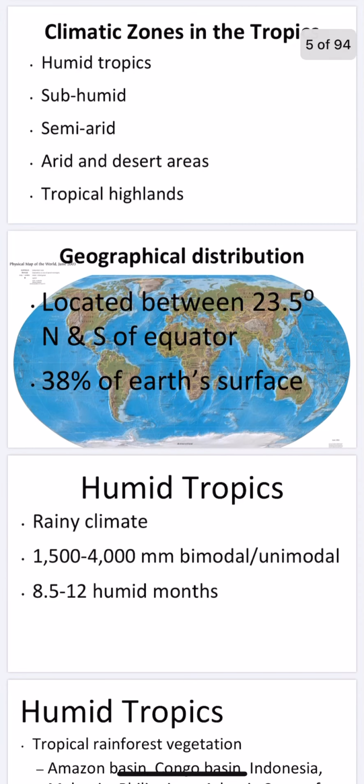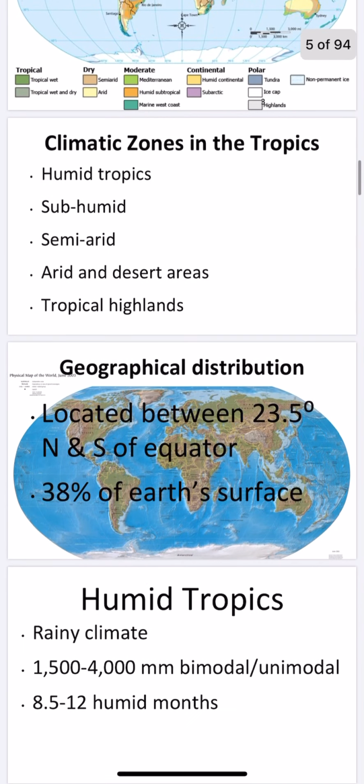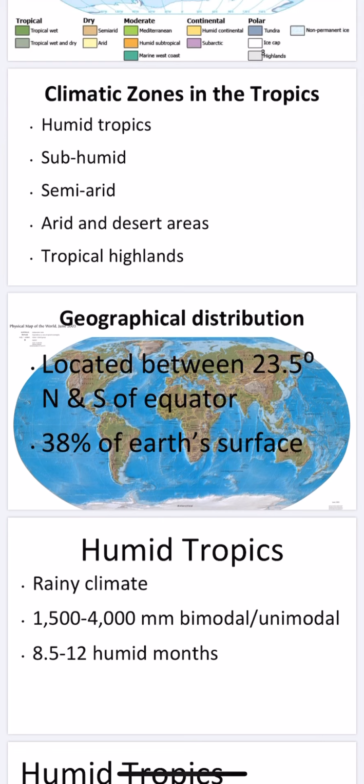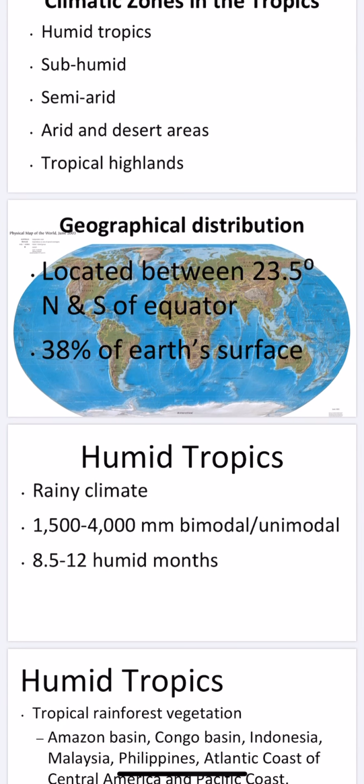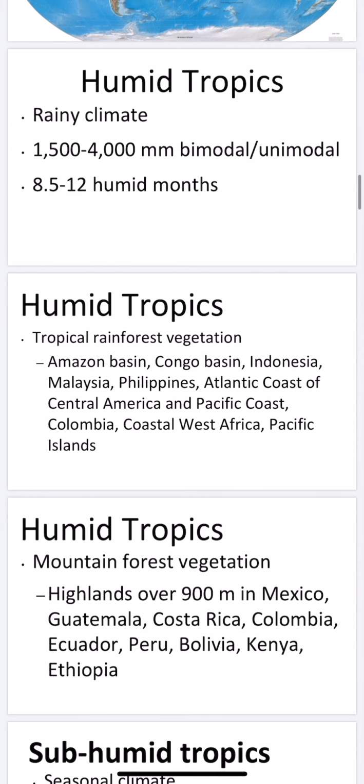So, in terms of geographical distribution, the tropics, which we belong to, are located between 23.5 degrees north and south of the equator. And this constitutes 38% of the Earth's surface. So once again, the humid tropics are under a rainy climate with 1,500 to 4,000 millimeters, bimodal or unimodal, with 8.5 to 12 humid months.